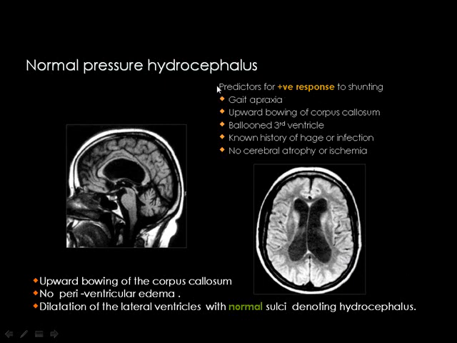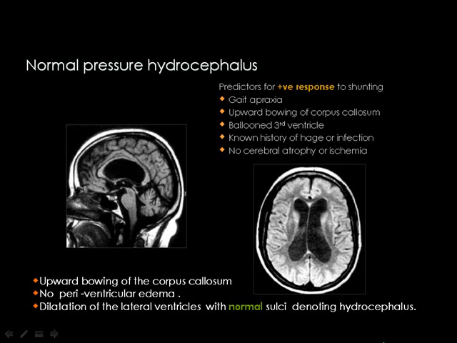These are the predictors for positive response to shunting: the presence of gait disturbances, the presence of upward bowing of the corpus callosum, which is seen in the MRI sagittal view, the ballooning of the third ventricle, a previous history of hemorrhage or infection which has affected the subarachnoid space, and the absence of cerebral atrophy or ischemia.